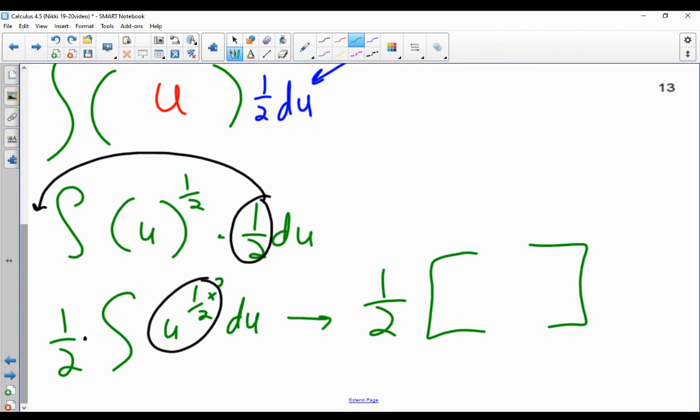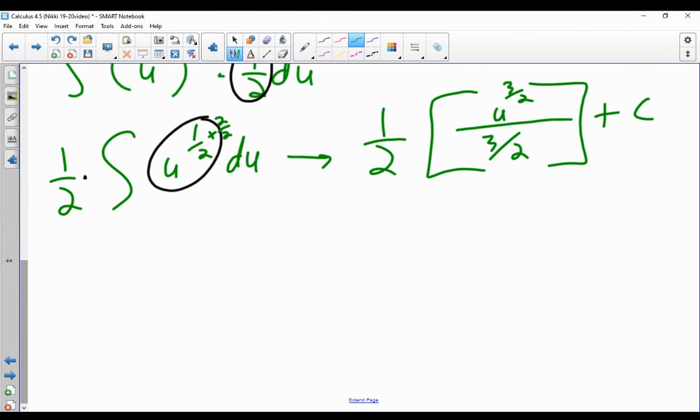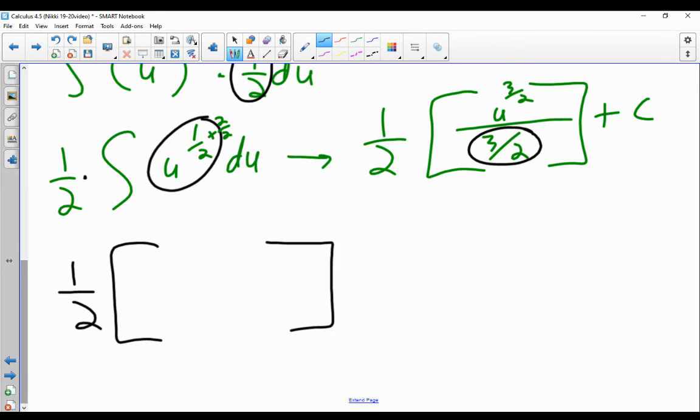So in other words, add 1 to the power, or 2/2. You should get u to the 3/2, then divide by that new power, and then plus c. Continuing over here, the 1/2 still on the outside. Take care of the antiderivative. The 3/2 being divided, change that to multiplication of its reciprocal, 2/3.